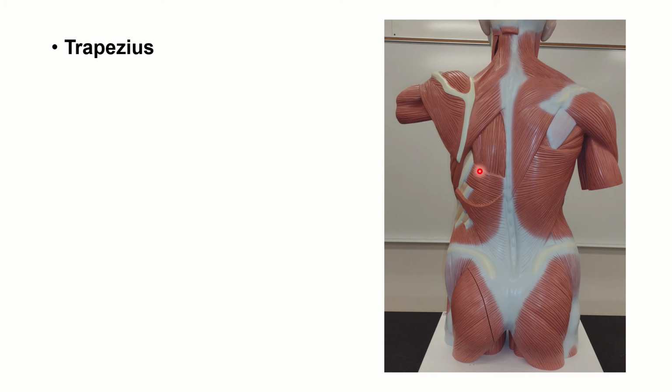In the posterior view, you can see this side is the superficial muscle, and this is the deeper muscle. The superficial muscle, trapezius, is this big muscle here. Deltoid, this is the deltoid. In the deeper muscles, if you remove the trapezius, you can see the infraspinatus muscle here.